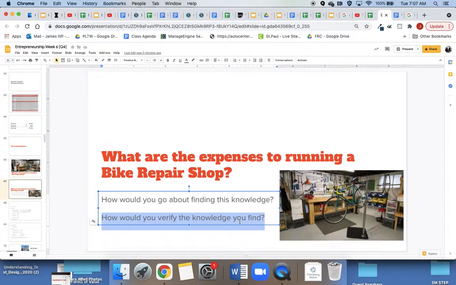And some of you came up with the idea of calling people who already run this business and asking them. And that is absolutely the right answer. So we're going to start with Google, and then we're going to call people who are already running this business and interview them. Say, hey, what are your expenses every month?